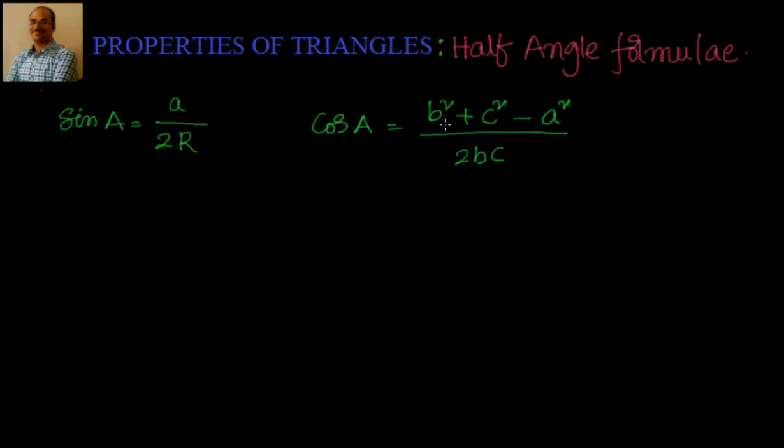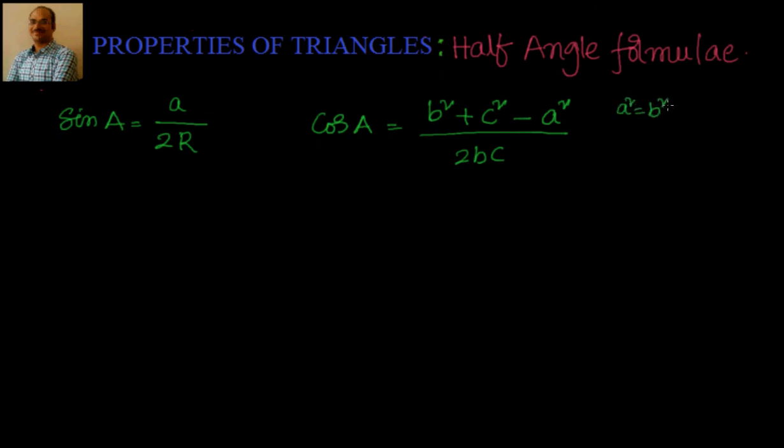How we got this? We know that law of cosines: A square equal to B square plus C square minus 2bc cos A. If you take A square to the opposite side and bring 2bc cos A, then you divide by 2bc, you will have this. If I am confusing you enough, let me just write it down here.